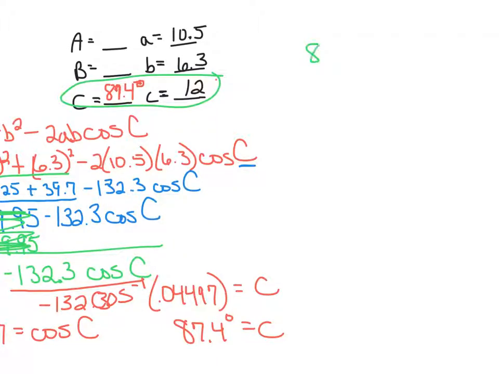So 87.4 over 12 equals sine B over 6.3. I cross multiply.